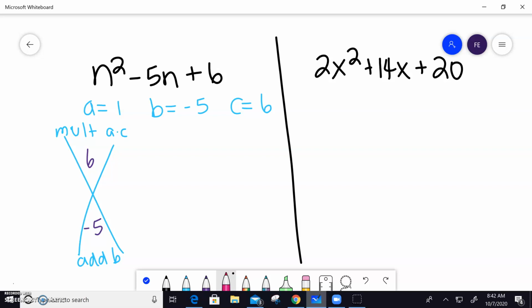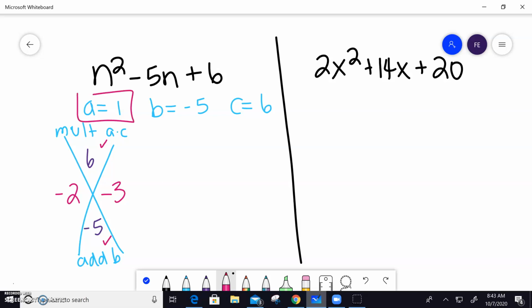I could think 1 and 6, but one of those would have to be negative, so I'm not going to do that. It's going to be 2 and 3. But I have a -5 when I add and a +6 when I multiply. That reminds me that both of these have to be negative, because a negative times a negative gives me a positive, and plus a negative gives me a negative answer. So these are my two numbers, which is great.